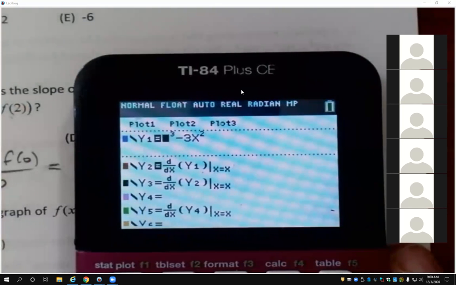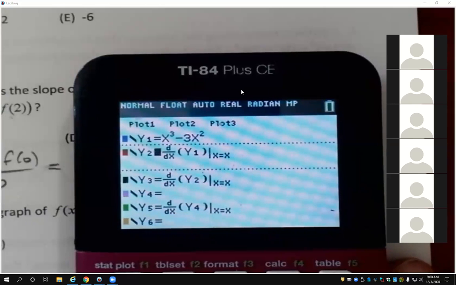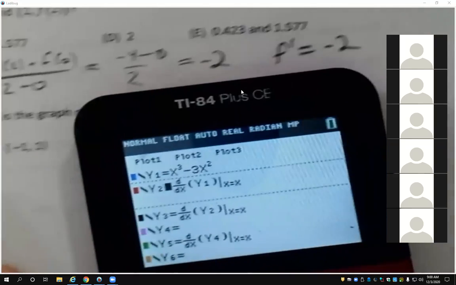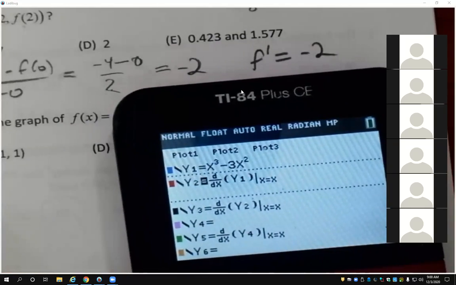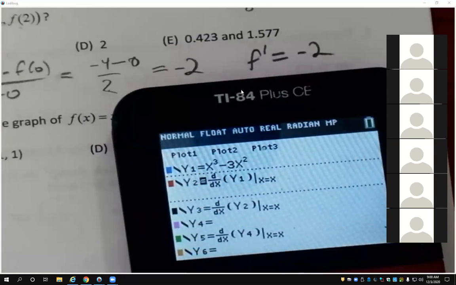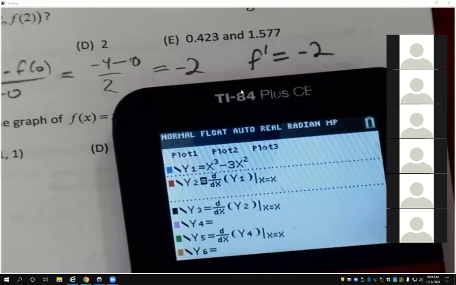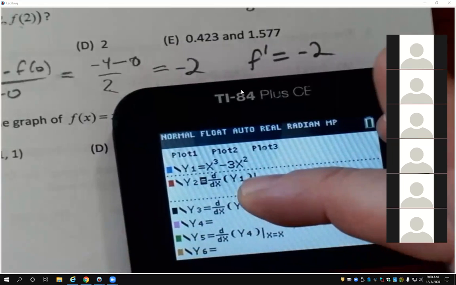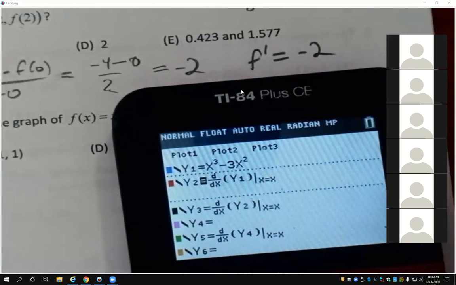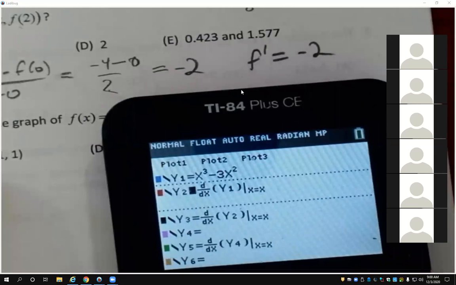I don't want this function, so I'm going to turn y1 off. The derivative of that is in y2. And the question is, when does my derivative equal negative 2? So I'm going to draw the horizontal line negative 2, and where that horizontal line intersects my derivative is where the slope of the tangent is equal to the slope of the secant.